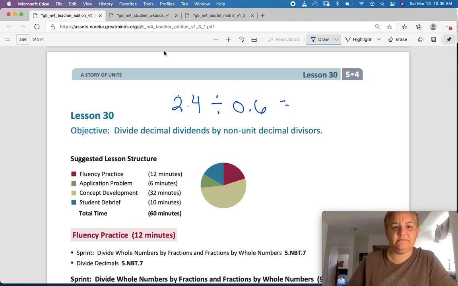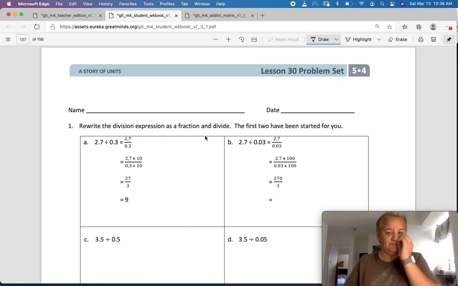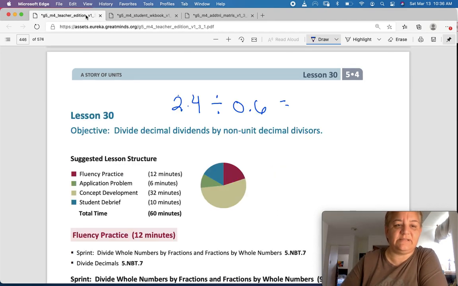And let's go to our Learn book. Okay, so it says rewrite the division expression as a fraction and divide. Before we do this, let's go practice here. 2.4 divided by 0.06. Division can be thought of as a fraction, right?